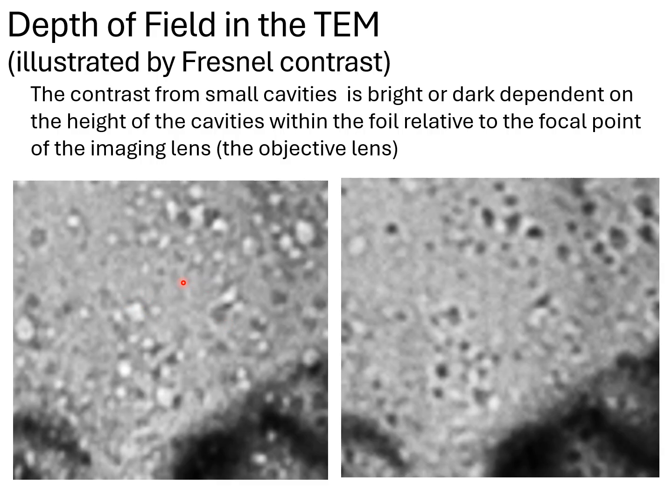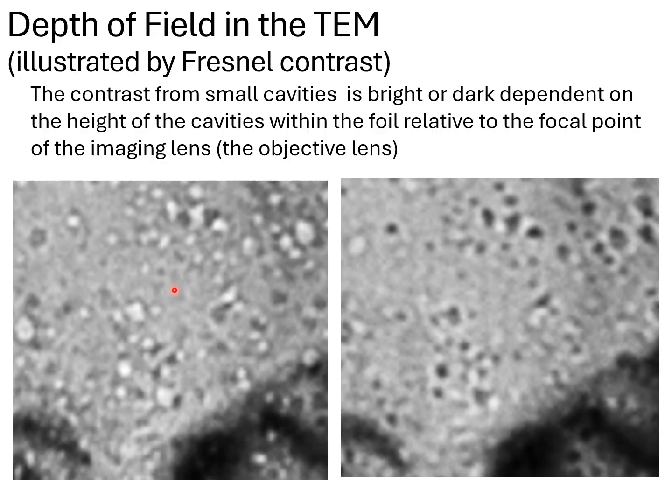Now I can see the effect of the height difference of these bubbles within the foil, which just by varying the height at a certain focus condition in your microscope, the images might be dark and bright or bright and dark, depending on the height of these bubbles.